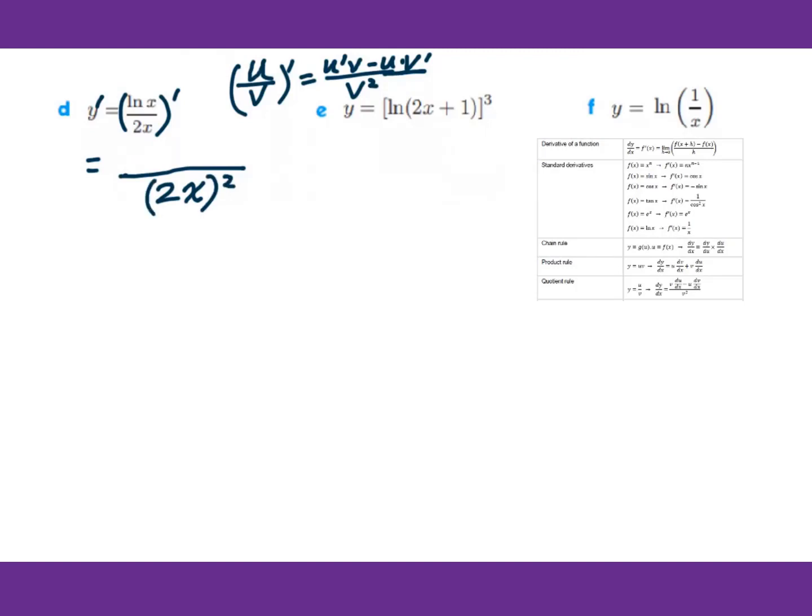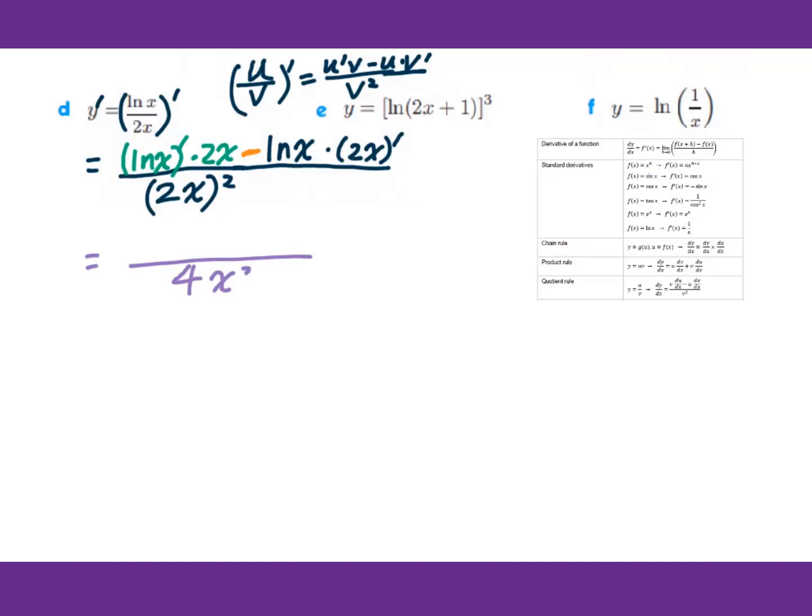Then working on natural log of x, we take the derivative times 2x, minus natural log of x times the derivative of 2x. You will get 4x squared as the denominator, and 1 over x times 2x minus natural log of x times 2.